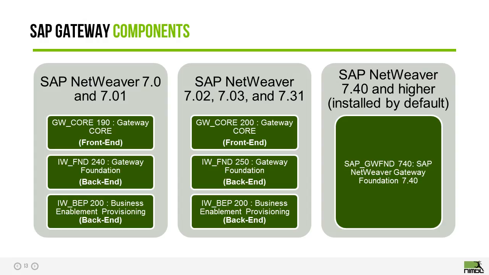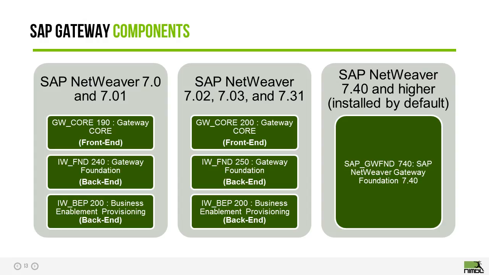Both of these are separate components, both in 7.02, 7.03, 7.31, and 7.0 and 7.01, but you can see there's a slight version difference. And then with Gateway Core, which is on your front-end server, which we discussed before with Fiori, that is the GW_core.